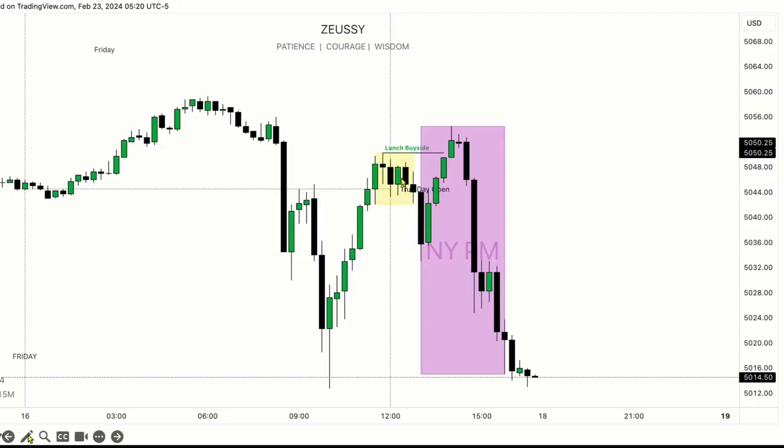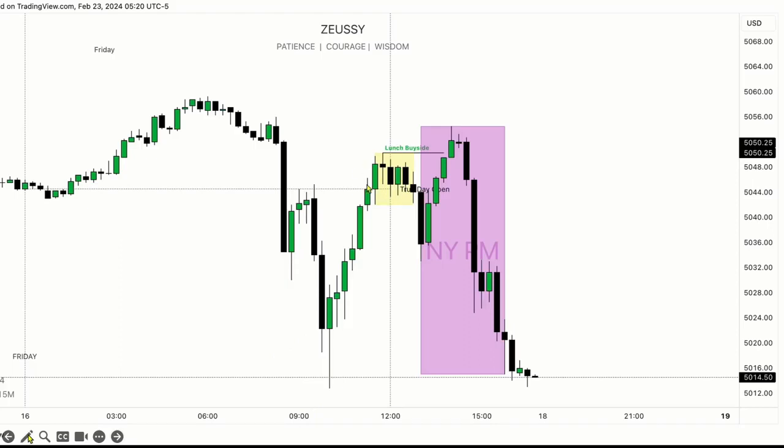This repricing lower traps people into believing that PM is going to continue lower after the AM session expanded lower. People go short here. What occurs is that the market runs on those stops, on those buy stops, trading above the lunch buy side liquidity, then begins to roll over, targeting sell side liquidity below all of the lows inside of this leg higher.